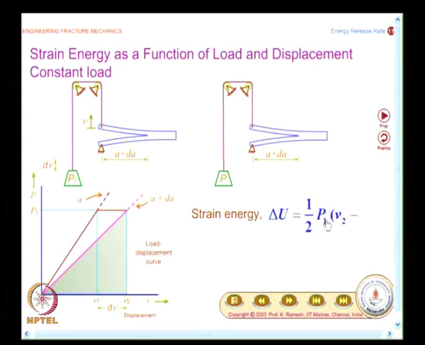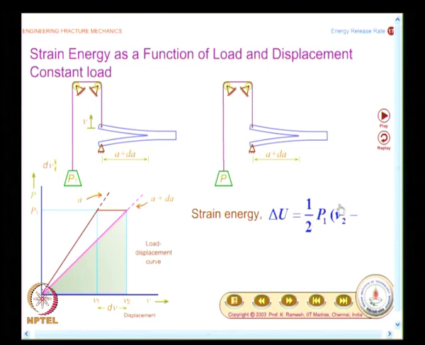The final strain energy is the one below this line, and you have this triangular area, and that is given by half of P1 into V2. Mind you, we are looking at a case of constant loading. So, in the case of a constant load, I have P1 remains constant.